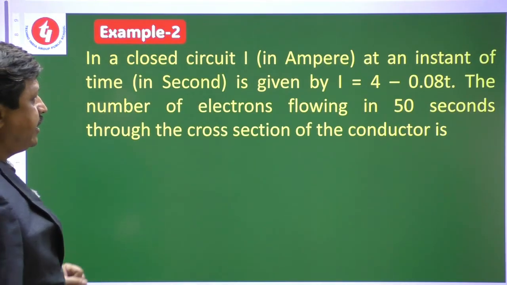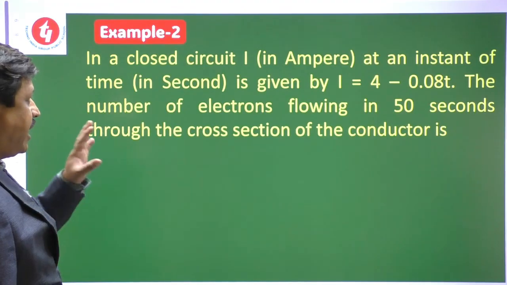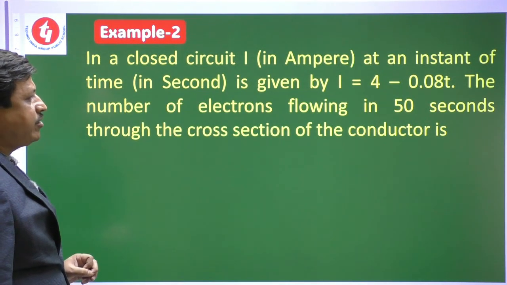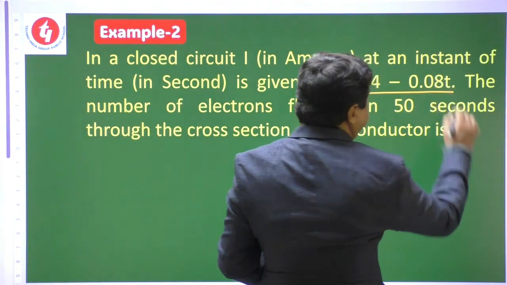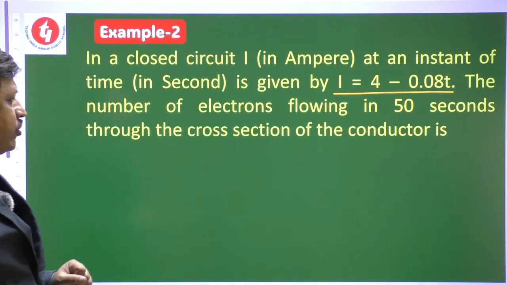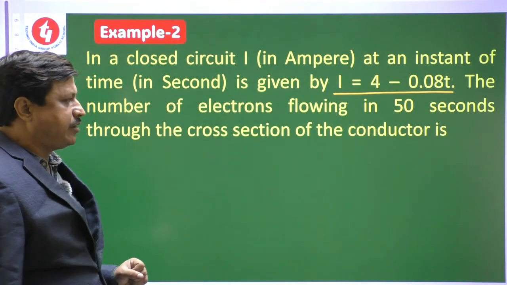In a closed circuit, the current at an instant of time in seconds is given by I = 4 - 0.08t. You have to find the number of electrons flowing in 50 seconds through the cross section of the conductor.